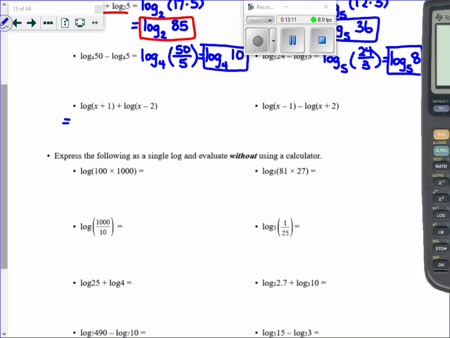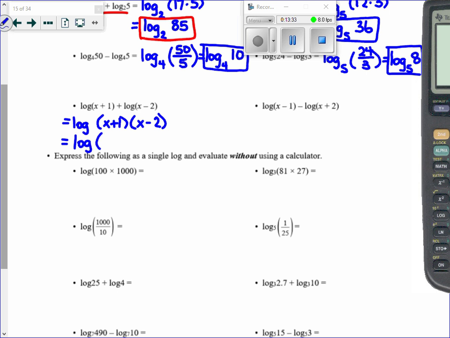So they're both in base 10 and they're being added. So that's the same thing as this times this. Oh, look at that. It's 2 binomials that I'm going to have to multiply. Okay, so I'm going to have to expand this to figure out what this is.